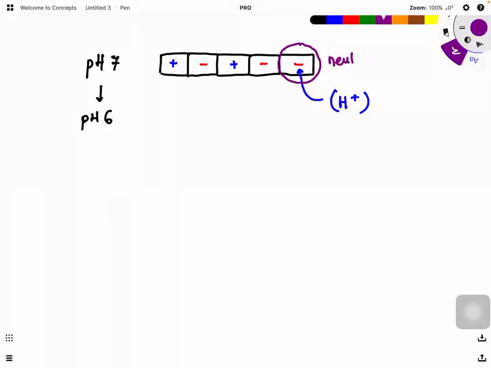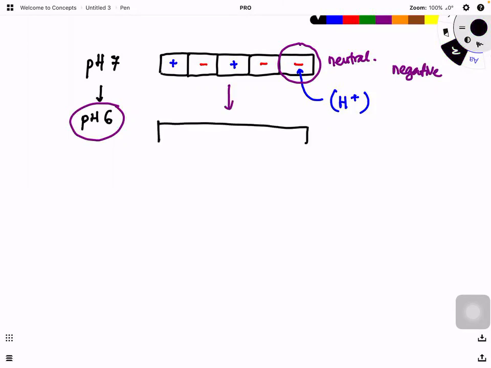So the protein, from pH 7 to pH 6, was originally negatively charged. This is the positive, here's the negative, here's the positive, here negative. Now, this part becomes no charge. If I decrease the pH, do you realize that? This is no net charge.